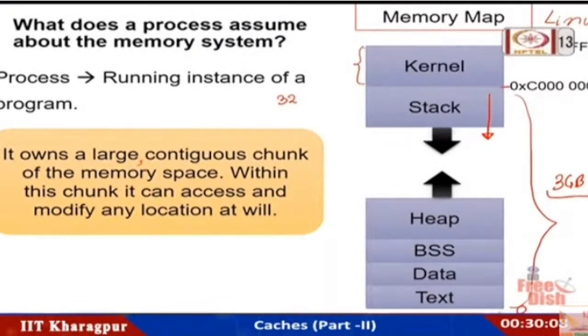Now let me start from the bottom. The first few bytes store what is called the header of the process. It has some data about the process, and contains something called a magic number and other information about the layout of the memory map. I will not discuss that, that's for a separate course.